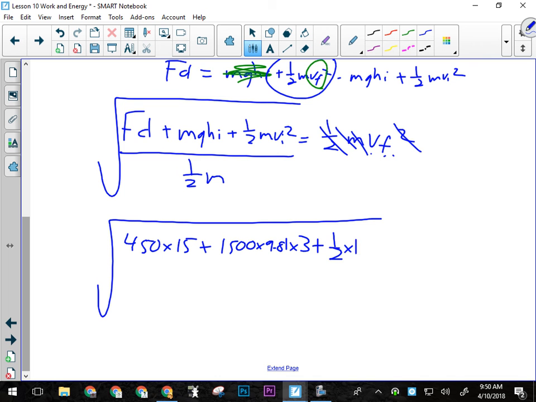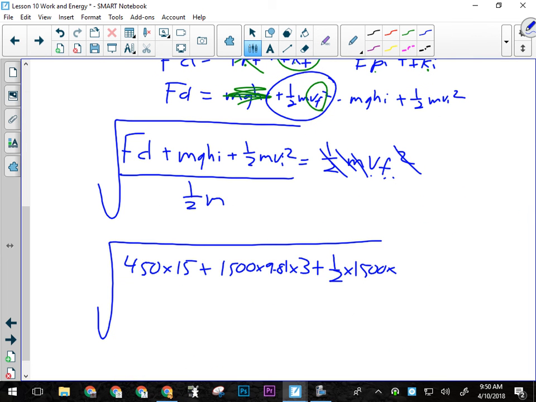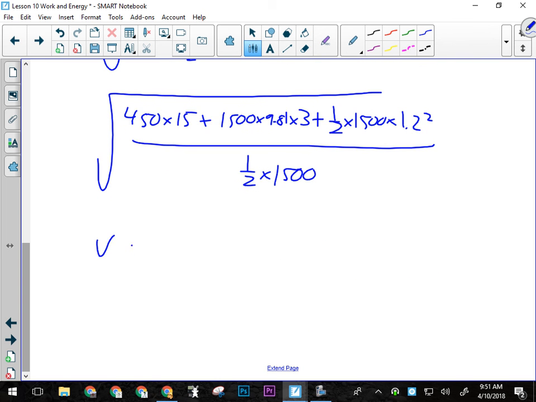So 1/2 times 1500, the mass of the car, times, sorry, 1.2 squared, the initial speed at the top. Then I'm going to divide all of that by 1/2 times 1500, and then I'll square root the whole thing, and that will leave me with the speed at the bottom of the ramp.